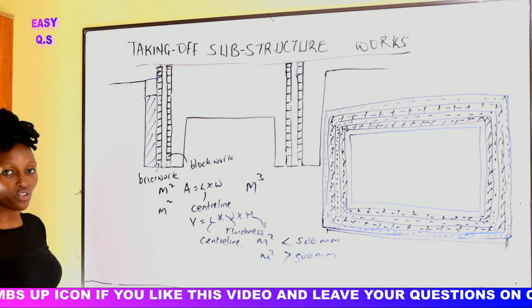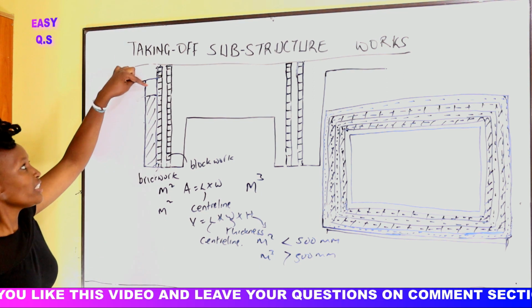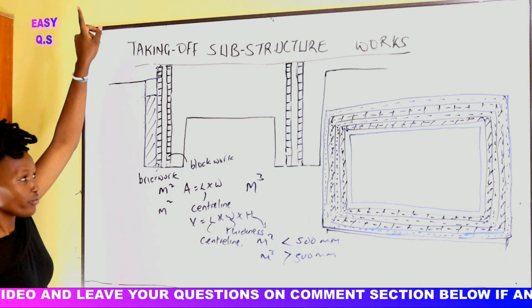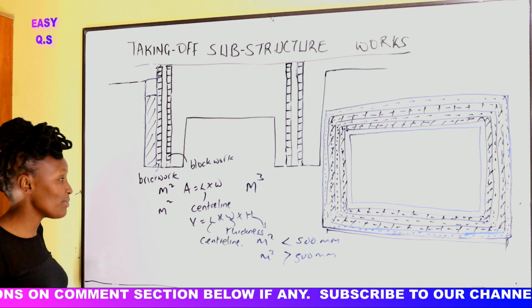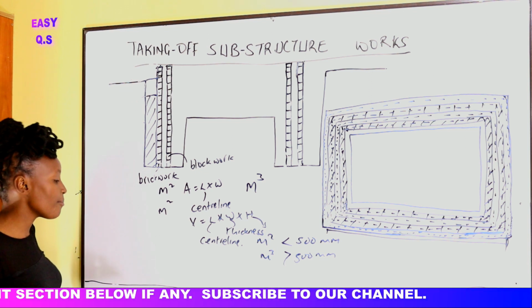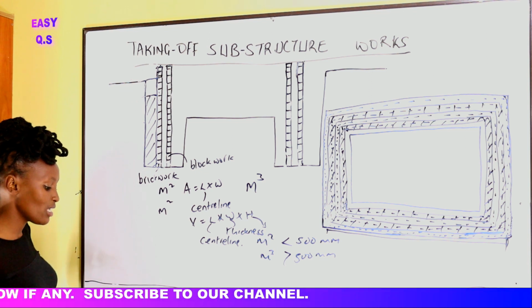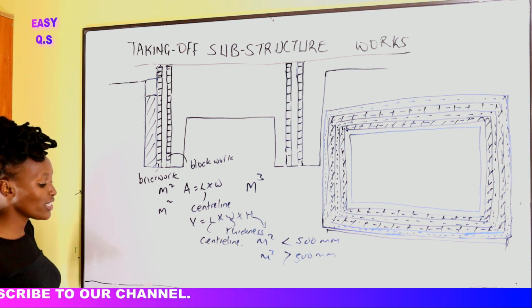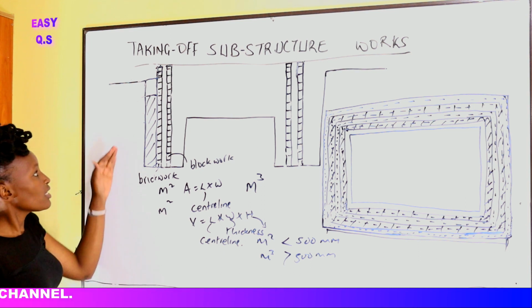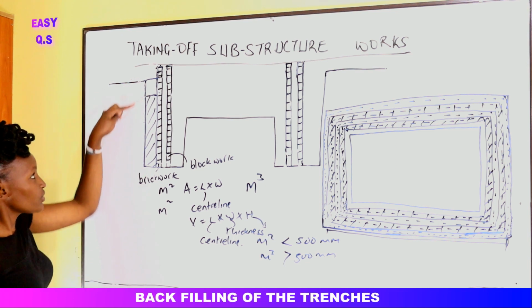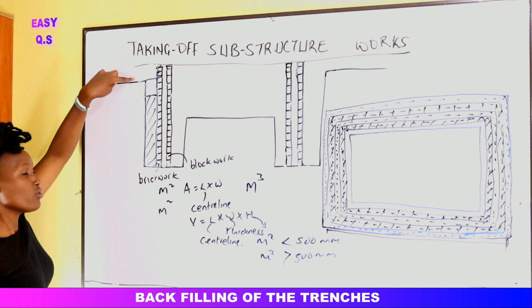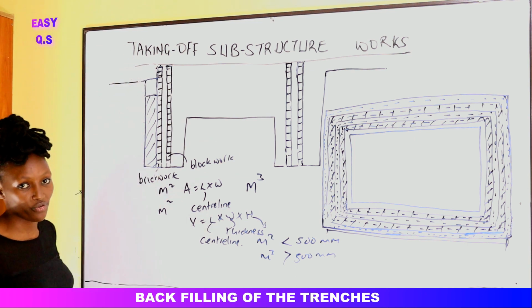And because that is not normal, we need to backfill the vegetable soil that we had removed so that we can go back to the ground level. So in this case, we shall measure it, stating that we are backfilling the external faces with previously excavated topsoil. This soil from here to here, we have to use the good soil. But this soil, in case we do not have soil, we can use the topsoil that we had removed.